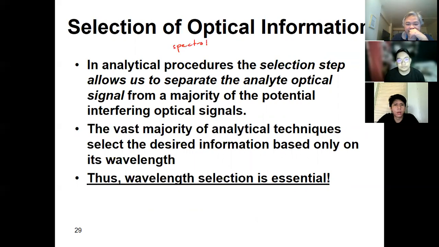In every chemical method involving an analytical procedure that makes use of a spectrochemical method, the selection step allows us to separate the analyte optical signal from the majority of the potential interfering optical signals.